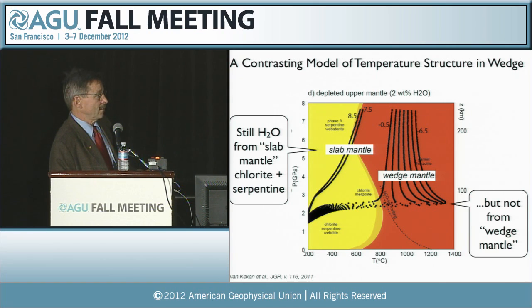This yellow transition here is where chlorite becomes unstable. That's the vapor-saturated solidus. These are temperature structures. These are down underneath in the mantle, underneath the crust. That is right at the crust-mantle boundary right there, the base of the wedge. And so you can see you still have this very interesting confluence of water, vapor-saturated melting happening right at the base of the wedge.